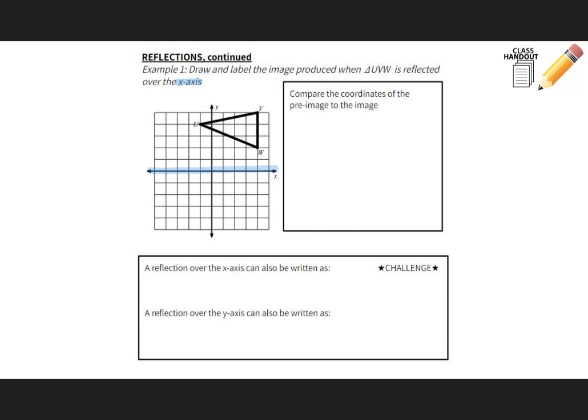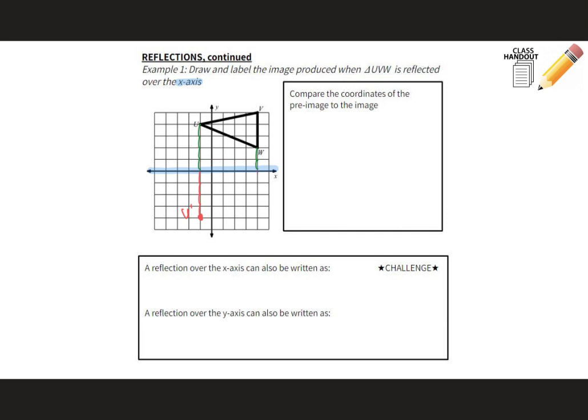To figure out what the mirror image is, we're just going to count how far away each point is from our line of reflection. Looking at U, it is 1, 2, 3, 4 boxes away from our line of reflection, which means its reflected point is also going to be 4 units away. So 1, 2, 3, 4. Here's U prime. Now W is 2 units away from my line of reflection.